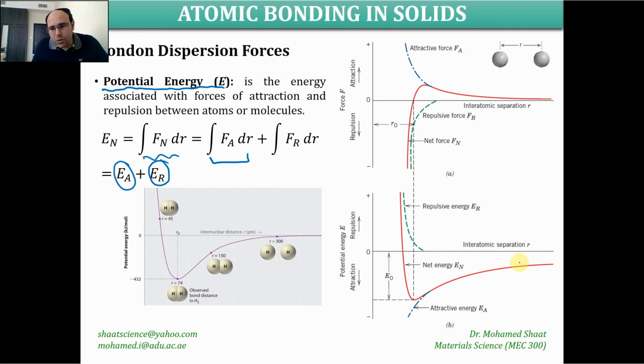So as you can see, this is the curve for the energy, but this is the curve of the force that we explained. Again, as we increase the distance R, the magnitude of this potential energy becomes very small. It decreases as R, the separation between the two atoms or molecules, increases.